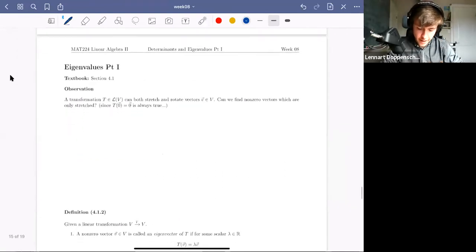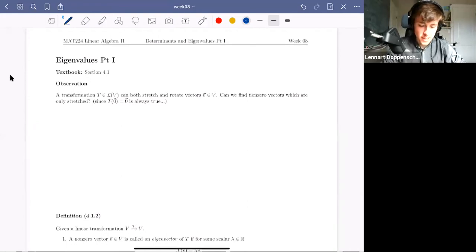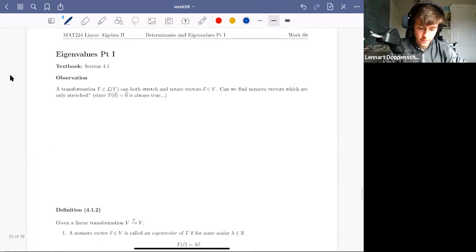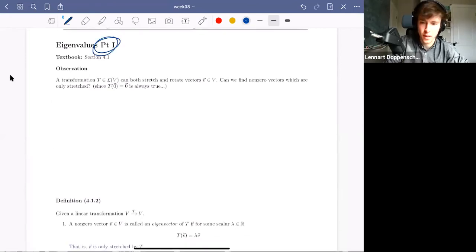Okay, so eigenvalues. This is now section 4.1. And this is the first part only. Next week, we're going to look at eigenvalues much more. I think eigenvalues is the first section really where you will be able to appreciate everything that we've learned so far in this course.